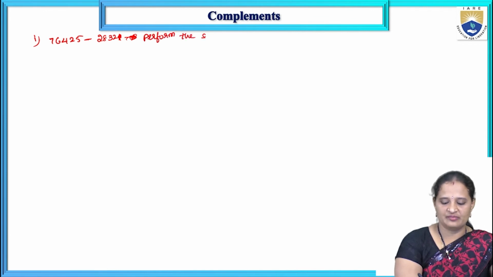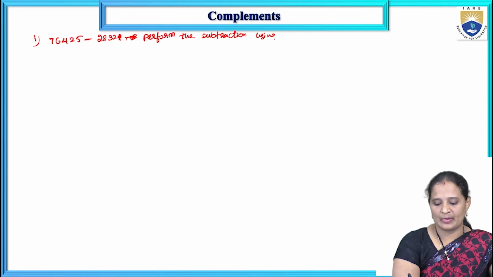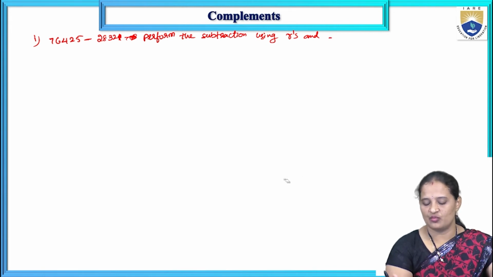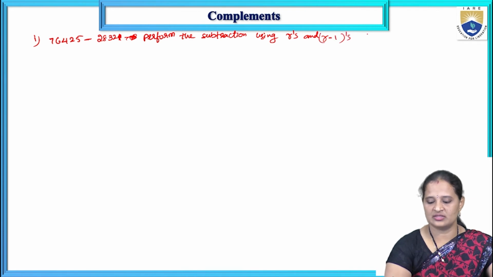Perform the subtraction using r's and (r minus 1)'s complement.